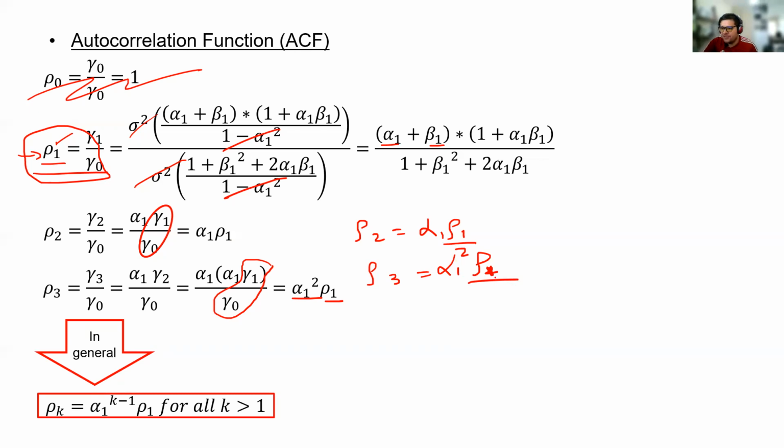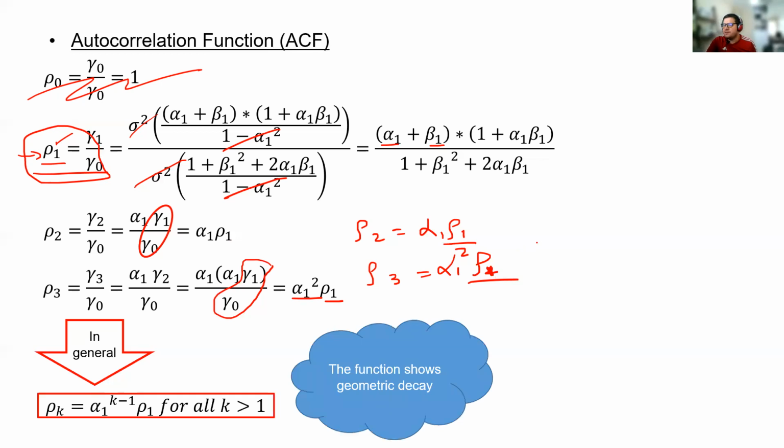Now, how does this function look? It shows a geometric decay, right? It starts at a point here, which is rho 1, and then you multiply rho 1 by a number that is 0 point something. So this multiplication will definitely be a lower number.